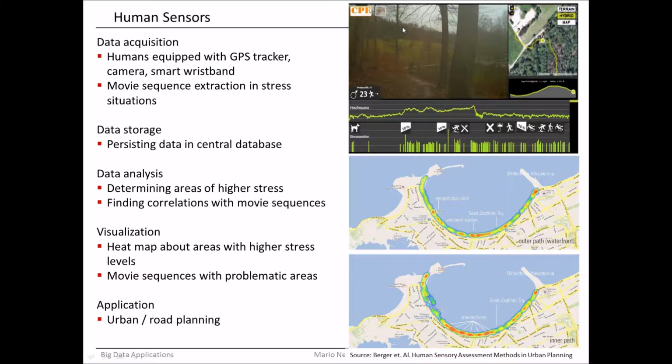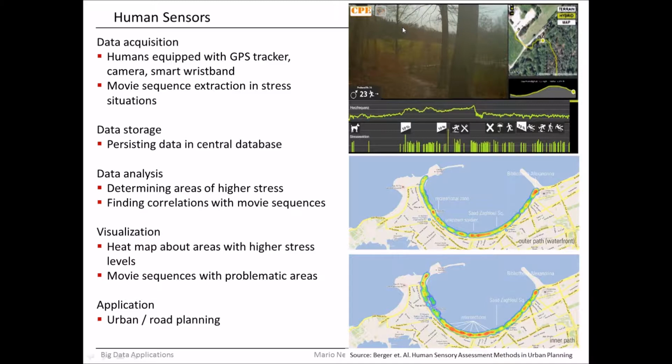And you monitor it with a GPS tracker, you monitor it with a smart wristband, and you also monitor this person with a camera. Not with a camera from outside onto this person, but a camera with first person view of this very person. And you monitor all the data from the GPS tracker to smart wristband and relate it to the video data you also acquire.